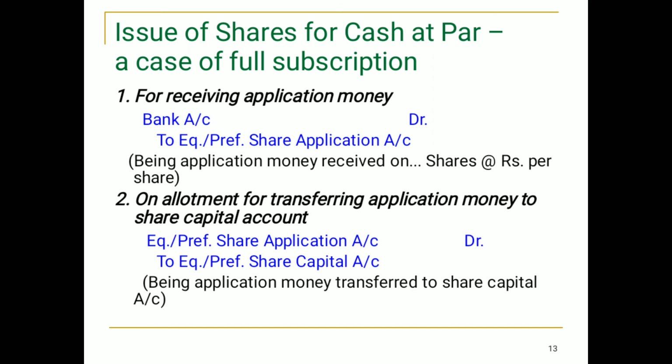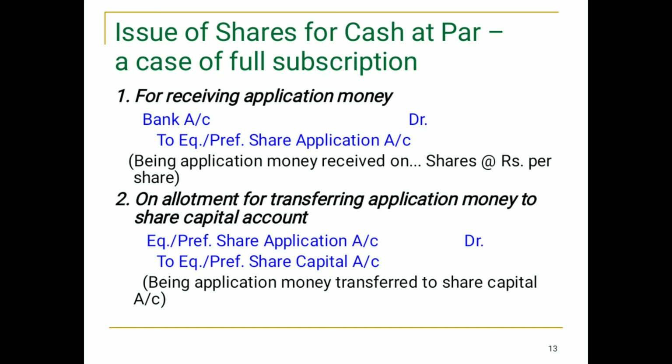Okay, so now the second journal entry. These are the applicants. You will allot them shares and you will transfer that money to share capital account. Amount received on the shares issued is always the amount of share capital.